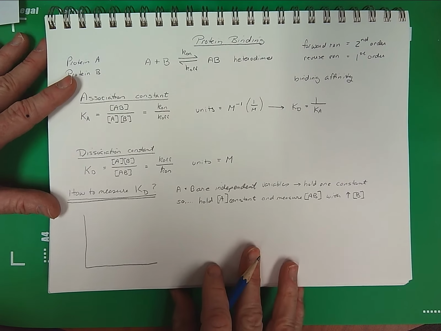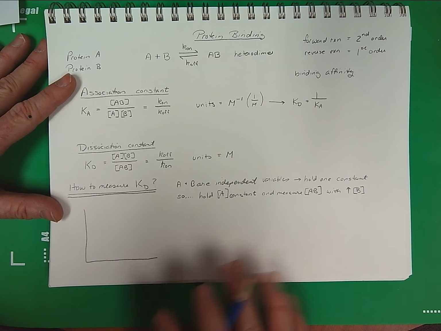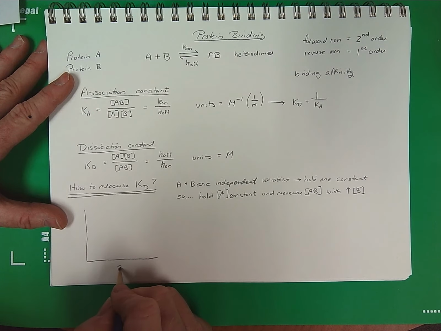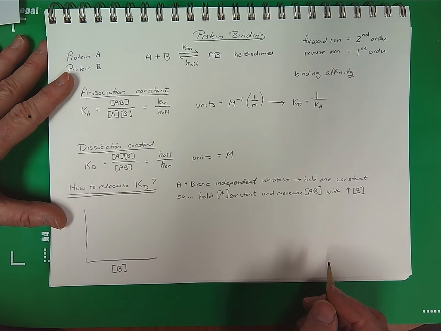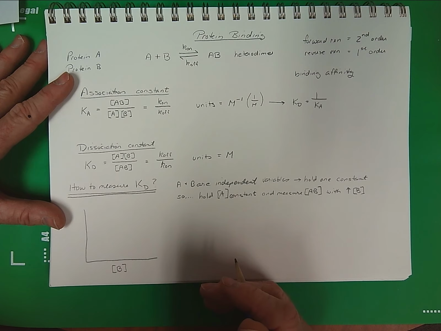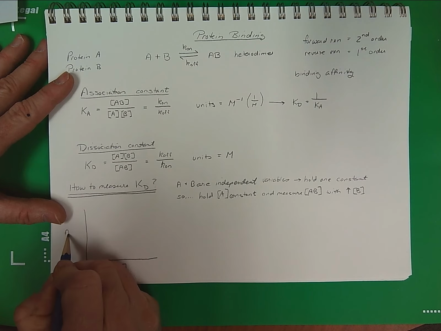So in this experiment, we take a constant concentration of A in all of our test tubes, and we're going to add varying concentrations of B into the test tubes, allow them to react, and then measure at equilibrium the concentration of AB formed.